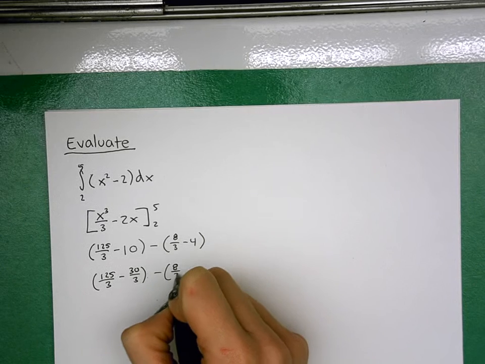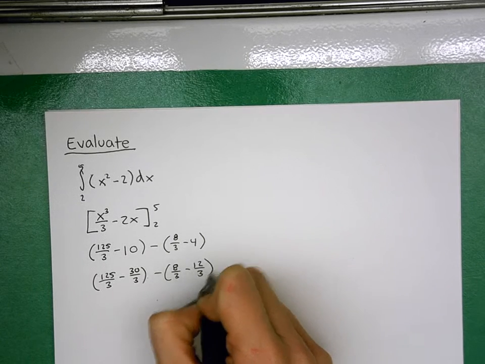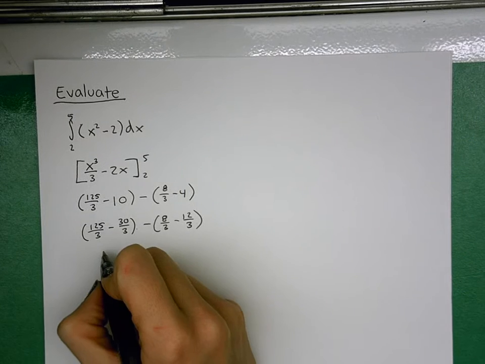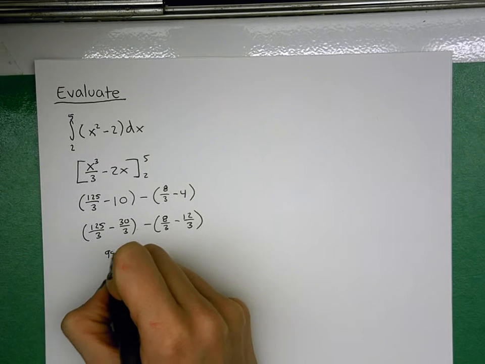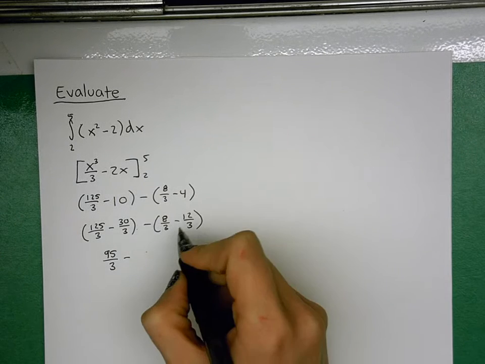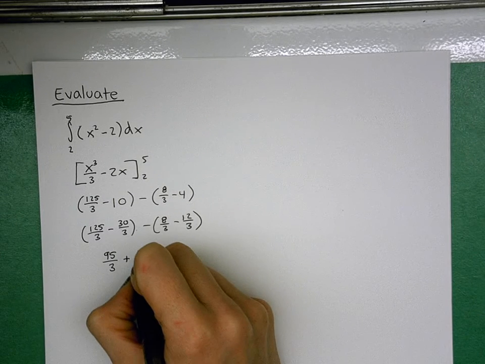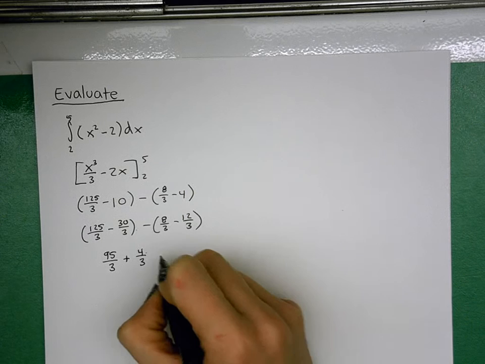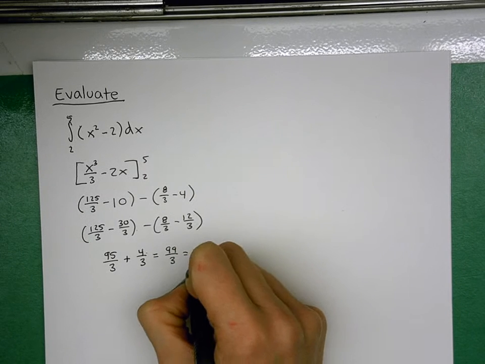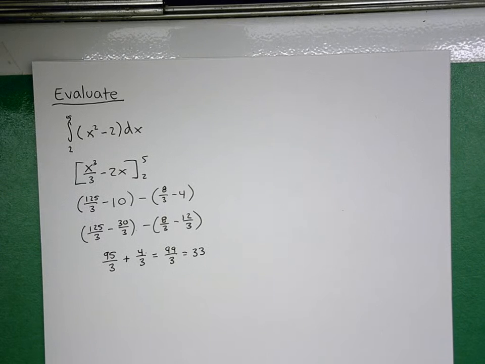And 4 to find a common denominator would be 12 over 3. 125 minus 30 is 95. And 8 minus 12 is negative 4. So this would be 99 over 3, or 33.